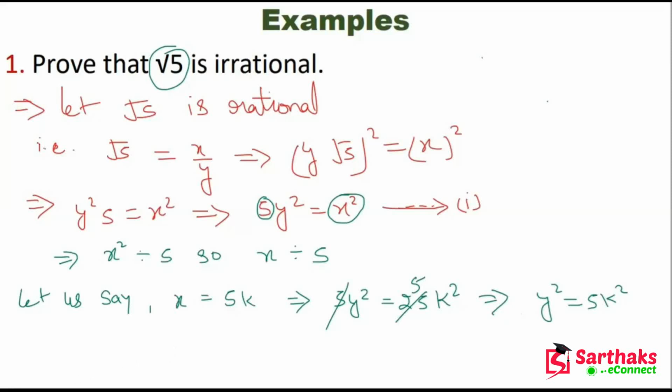So here 5 is a common factor of x and y.